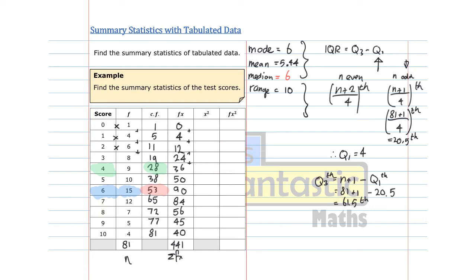And the first number that goes over is this 65. So Q3 is going to be this 7. So therefore Q3 is equal to 7. And our interquartile range, IQR, is 7 minus 4, which is 3. So our interquartile range will be 3.